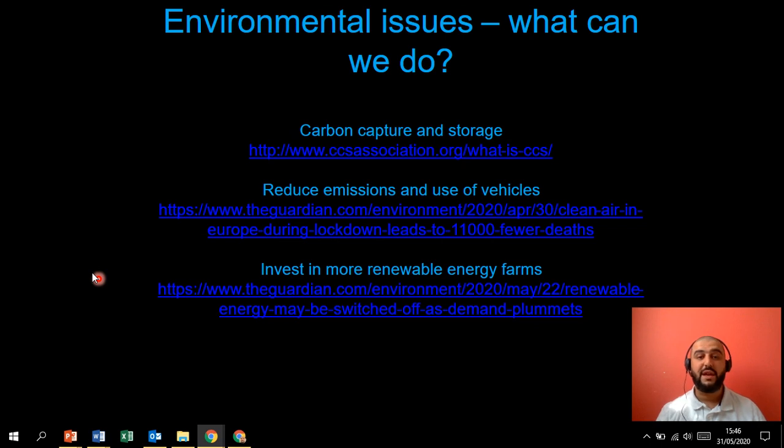We can't store this electricity that's generated. It has to be used almost immediately, and if we're producing too much, then the first thing they're going to do is ask these renewable energy farms to scale back their activities, so as not to overload the grid. So have a look at that link if you have time.